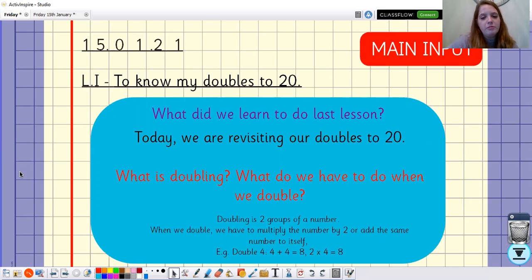So when we double, we have to multiply the number by 2 or add the same number to itself. So for example, if I wanted to find double 4, I could either do 4 add 4 to find the answer as 8, or I could do 2 multiplied by 4, which also equals 8.